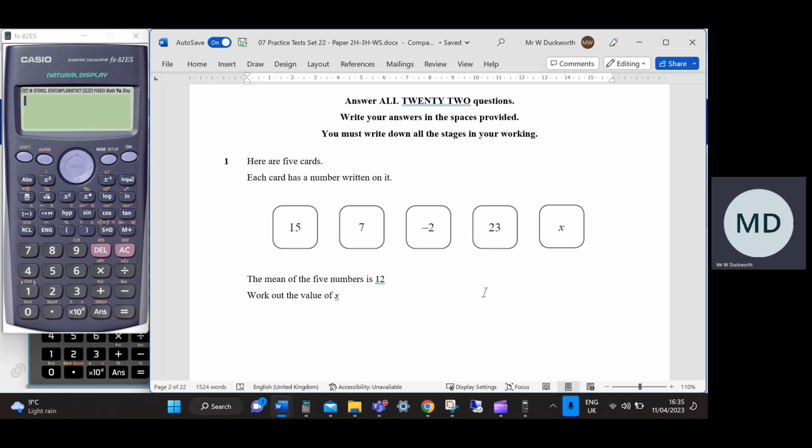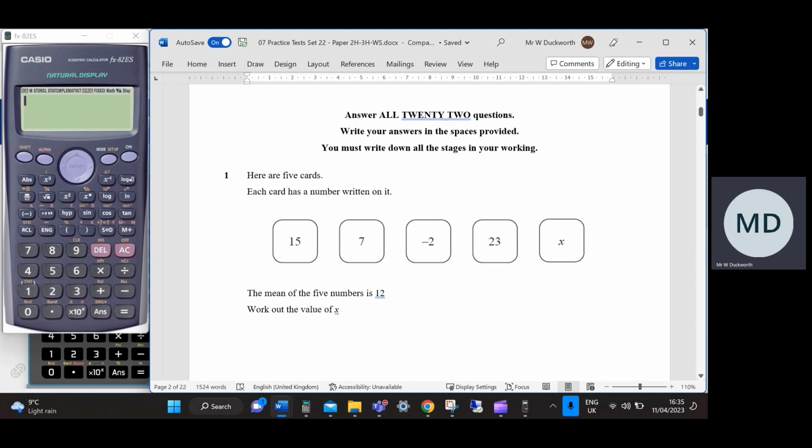Okay, so for this, I'm going to set it up as an equation just to make it clear what I'm going to do. I'll talk you through that in a second. Right, so I'm going to just show what these numbers add up to currently. So if I use my calculator, 15 plus 7 minus 2 plus 23, they add up currently to 43.